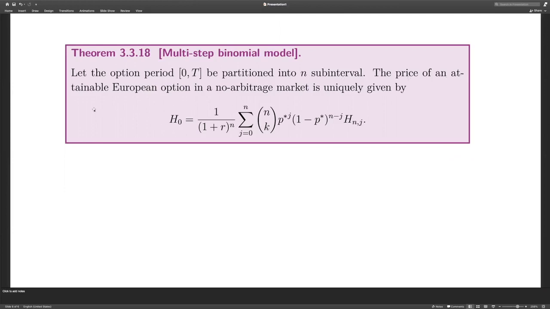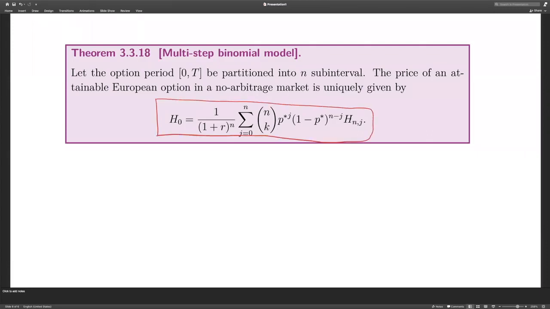The price of the attainable European option, it means an option for which we can develop a replicative portfolio, and you are doing it in a no arbitrage market, then you can get a unique price for that option, and the price is given by this formula. You can see that at each level you get this kind of pattern. Therefore, in general, you have this formula, and this is the formula for the n-step binomial model.